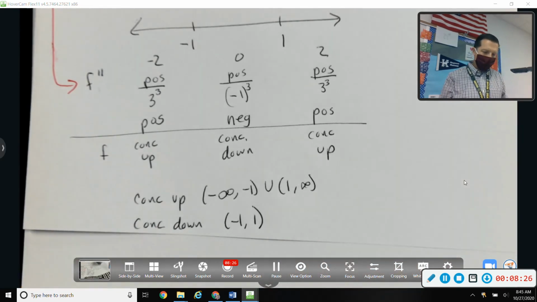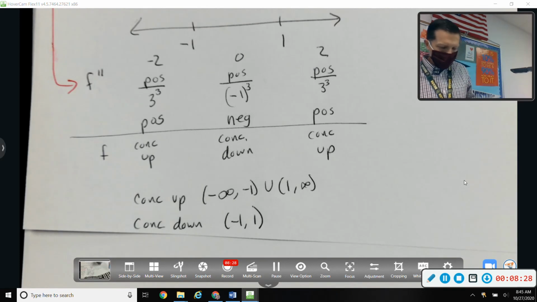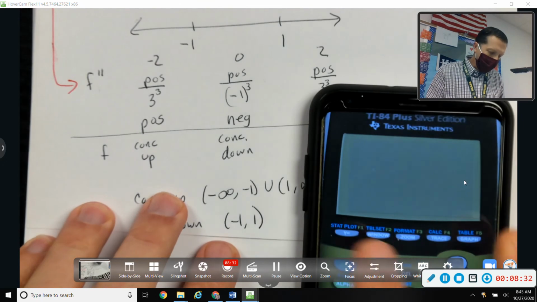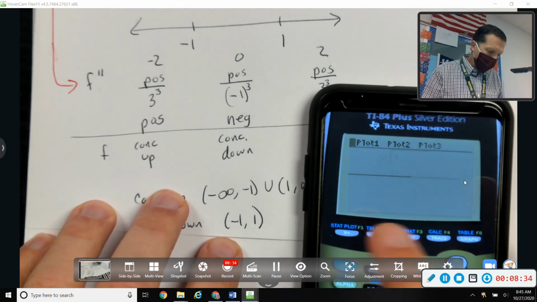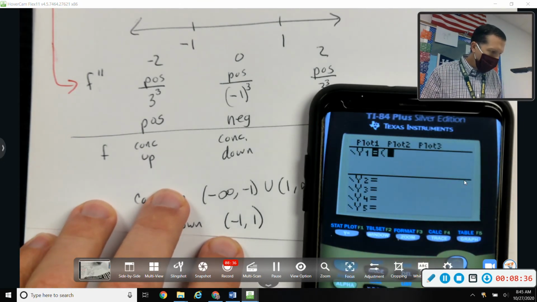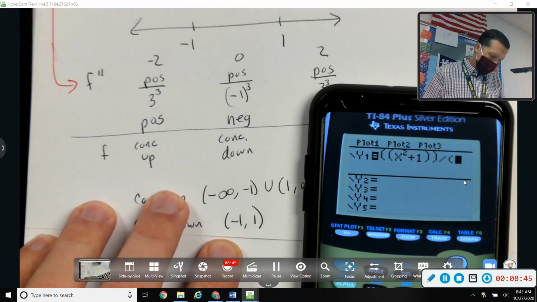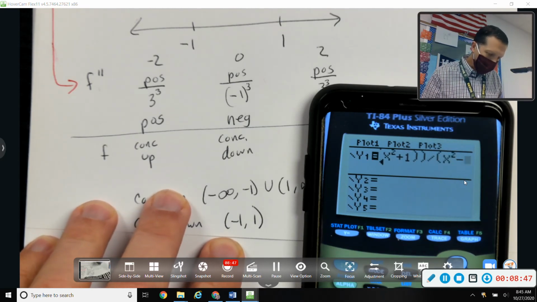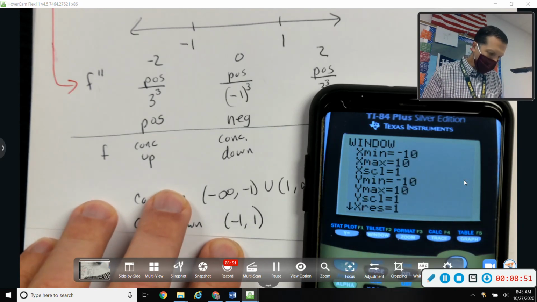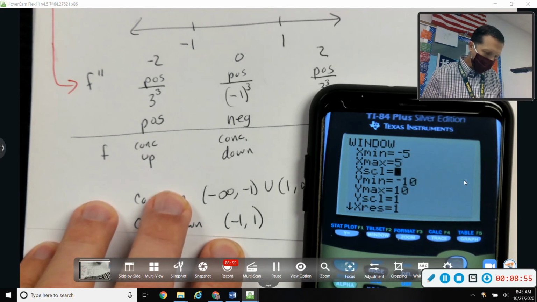And it doesn't tell us to check that on a calculator, but it's easy enough to check that on a calculator. X squared plus 1 divided by x squared minus 1. And I probably only care about close in, so we'll go -5 to 5.